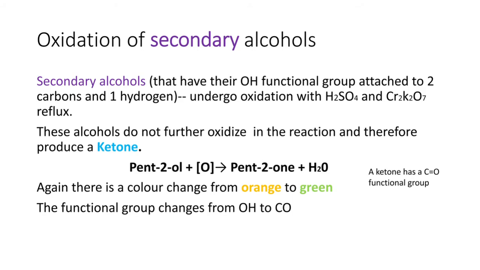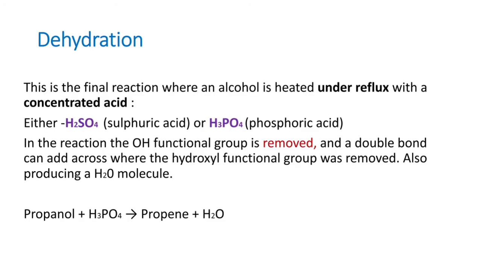Lastly, we have the dehydration of alcohols. Again, the alcohol is heated strongly under reflux with a concentrated acid, and in this case we do not need to use potassium dichromate. We are just using a concentrated acid, and we can use either sulfuric acid or phosphoric acid.